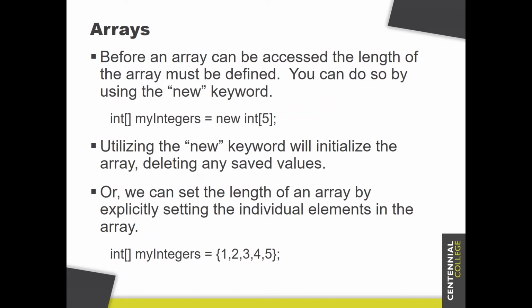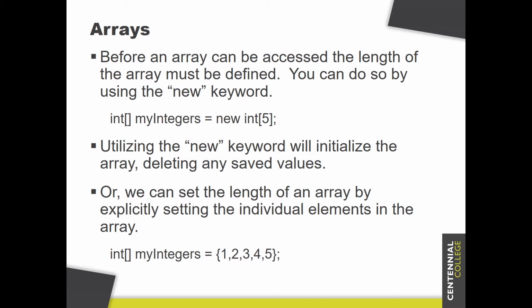Now, before we can actually utilize an array, before we can access any of the values or even place any values within the array, we have to define how large the array is. We have to allocate space for the array. We can do so upon declaration, and one example is utilizing the new keyword.